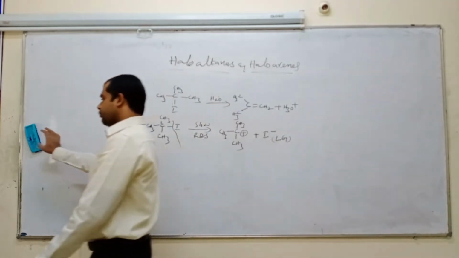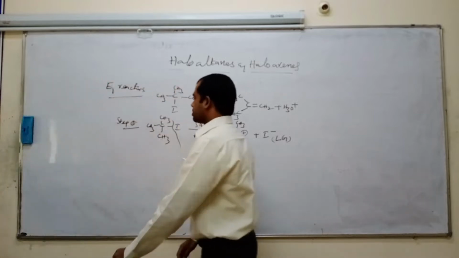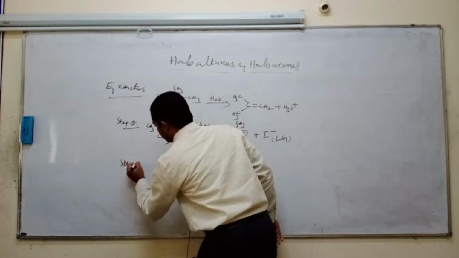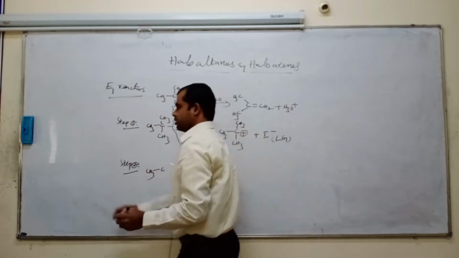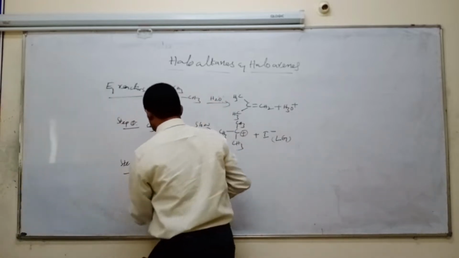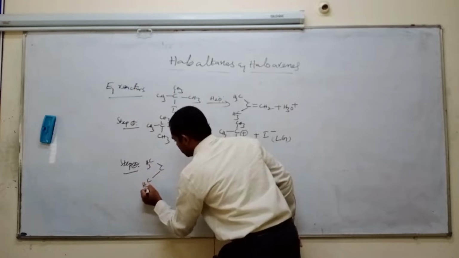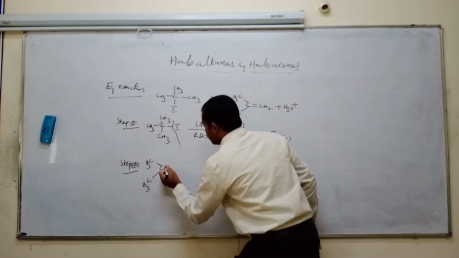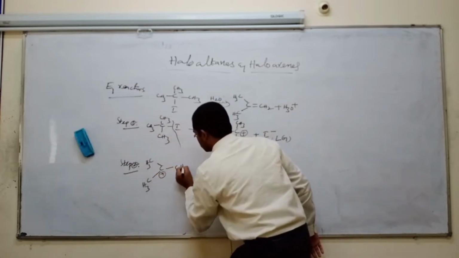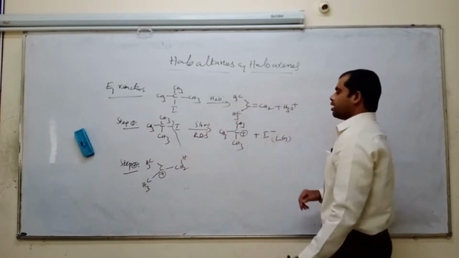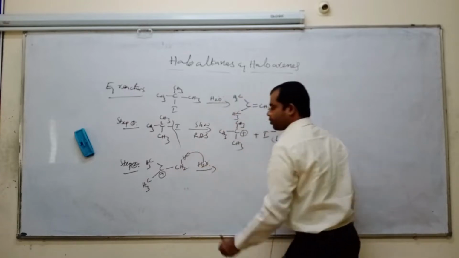Second step: this is the carbocation, carbon having CH3, CH3, with the plus charge on this carbon, and a CH2, CH3 group. In the presence of a base, here a water molecule acts as the base, a proton attack takes place.